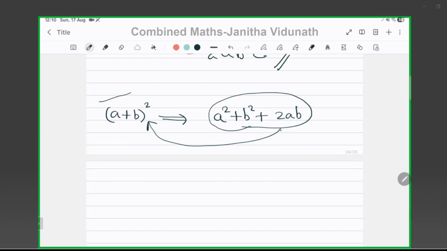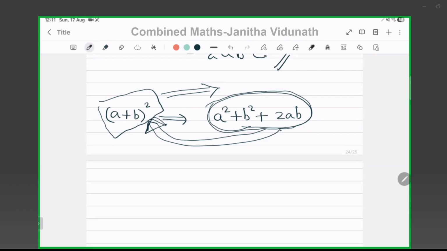If someone gives us this to expand, then we expand that as a square plus b square plus 2ab. After that, if they give three terms like a square plus b square plus 2ab, then we are able to write the expansion of this as a plus b whole square.